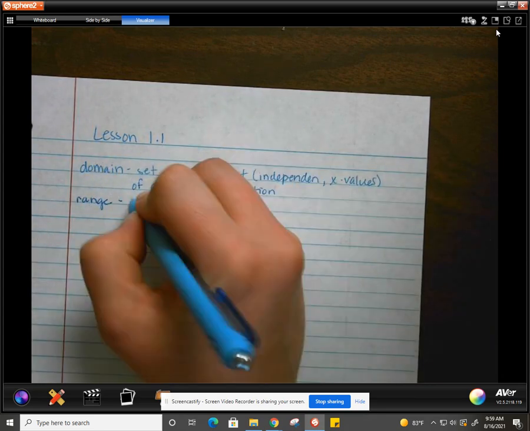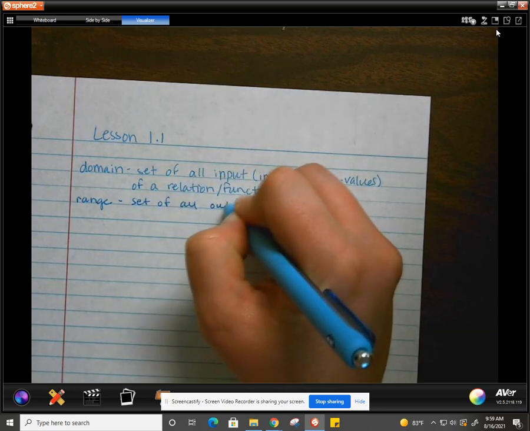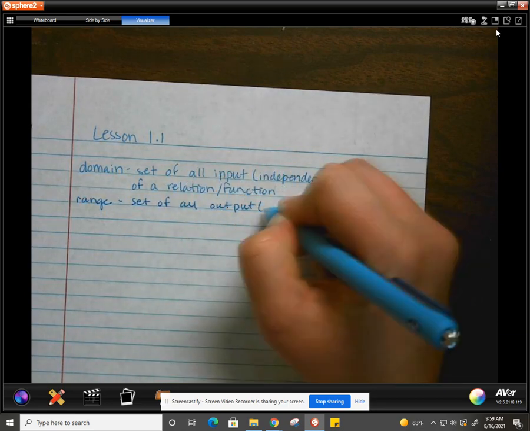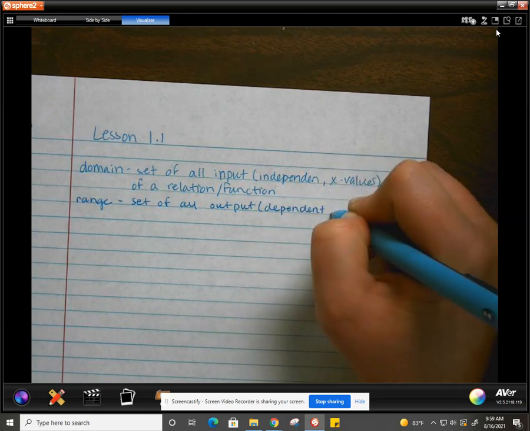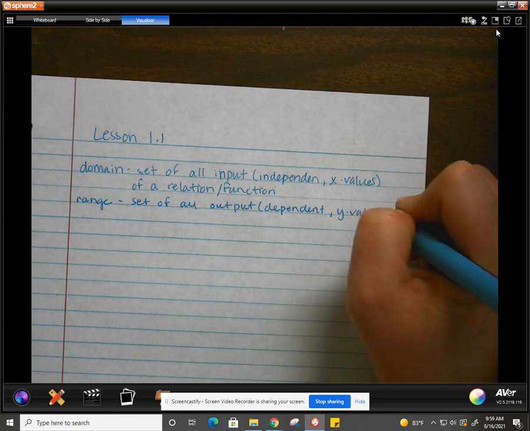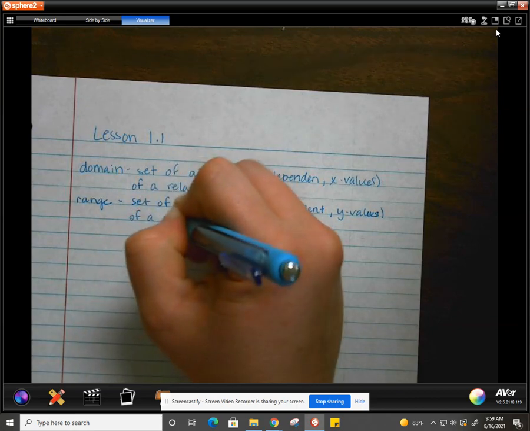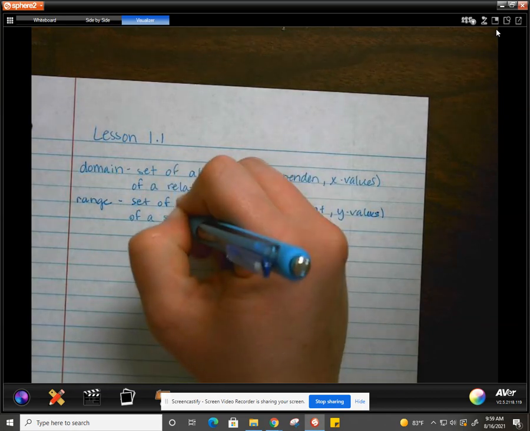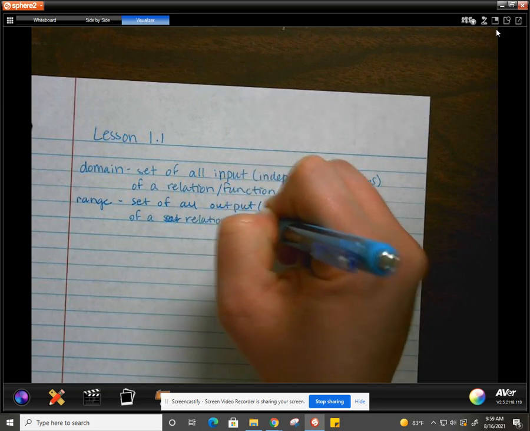The range is the set of all output, which is the dependent. These are the y values of a set. Oh, sorry, not of a set, of a relation or function.